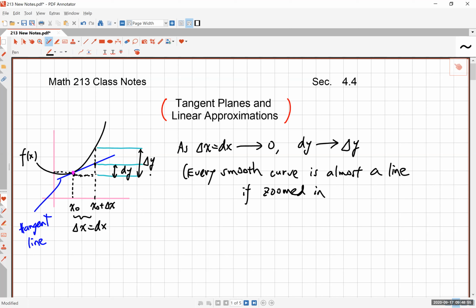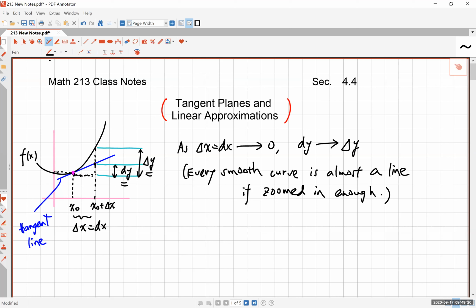Right now, delta y and dy seem to be very different numbers; delta y looks like it's twice as big as dy. But as delta x or dx gets closer and closer, that curve can be approximated by that tangent line. Every smooth curve is almost a line if zoomed in enough. And so this is the whole idea of linear approximation.